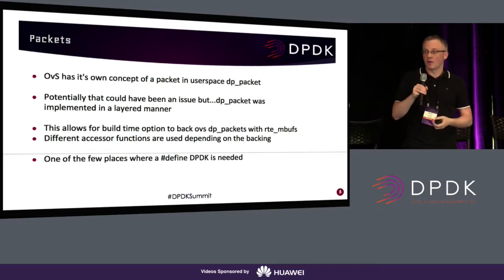That meant that we could have a build option for DPDK, and we could back the OVS DPDK packets with the rte_mbufs. And it's very well confined in one file, so there are just different accessor functions depending on what backs the dp_packet. It's probably one of the very few places in OVS that there's any #define about DPDK.